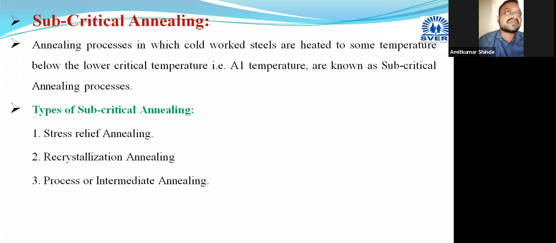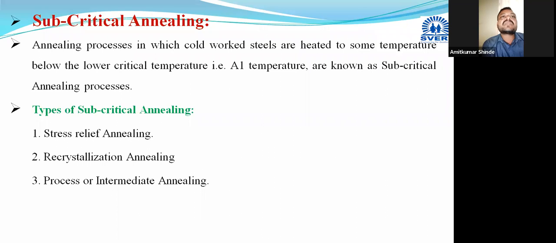Subcritical annealing: the annealing processes which are conducted below lower critical temperature, that is below A1 temperature, are known as subcritical annealing processes. Annealing processes in which the cold worked steel is heated to some temperature below lower critical temperature, that is A1 temperature, are known as subcritical annealing processes.